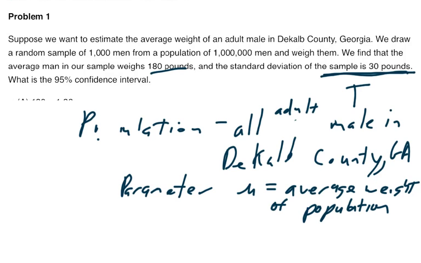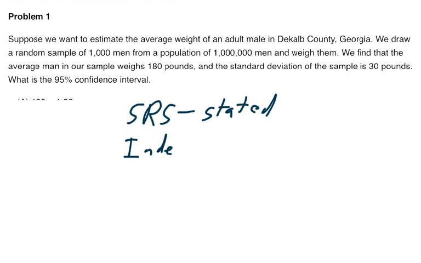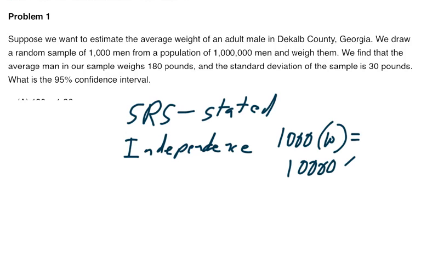Alright. So second, we need to do the conditions. The fact that SRS is stated, independence, well, we got 1,000 men times 10, which is 10,000, is less than a million.